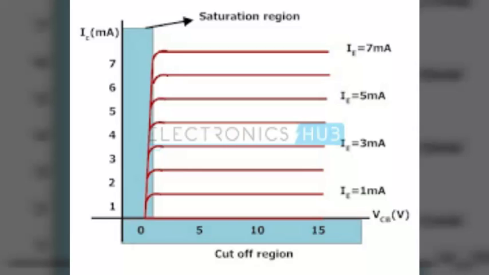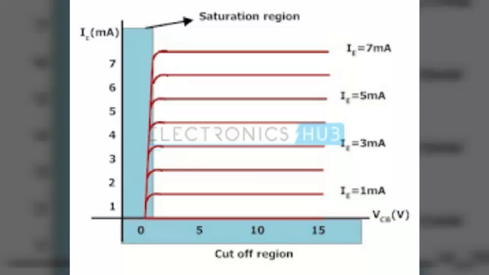The shaded region towards the left is called the saturation region, and in this region both the junctions are in forward bias. The shaded region lying below the curve for IE equal to 0 is called the cutoff region. In this region both the junctions are in reverse bias. The non-shaded central region of the output characteristics is called the active region. In this region, the emitter-base junction is forward biased and the base-collector junction is reverse biased.